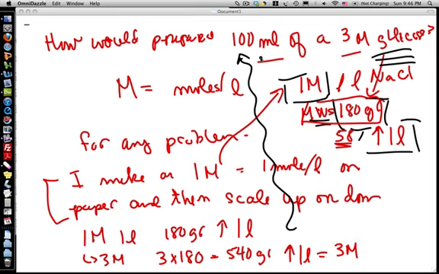And just to say it quickly and be done with this video, 100 milliliters is 1/10 of a liter. And so the final answer would be: I would take 54 grams of glucose and dissolve it up into a final volume of 100 milliliters. Final volume, total volume.